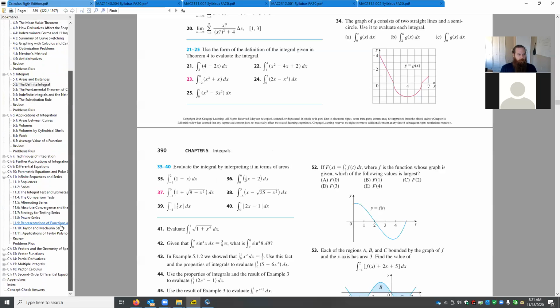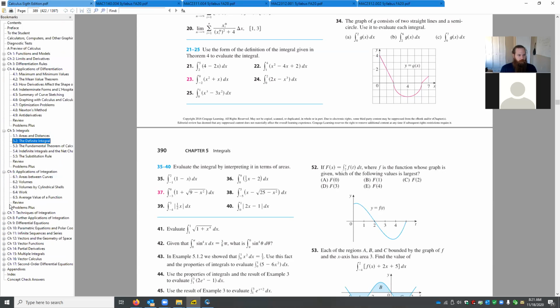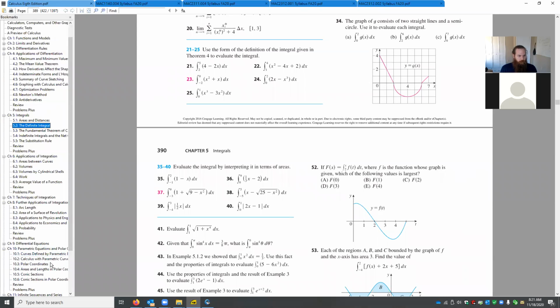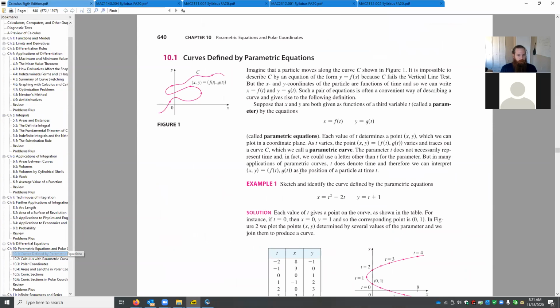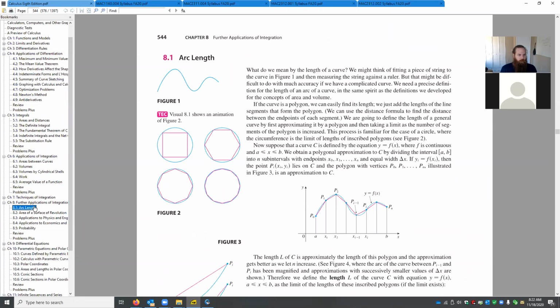So we've been in chapter 11 here, and we're going to spend time this semester in two other places. We're going to go to chapter 8 and chapter 10. Now, like I said, normally I would come to this place at this point and introduce arc length and surface area in the setting of parametric curves. But we can come back to 8.1 and 8.2 and look a little bit at how to solve those problems in the setting where you're more familiar.